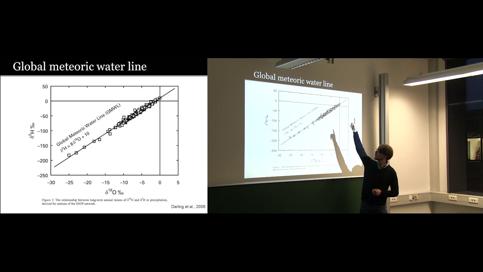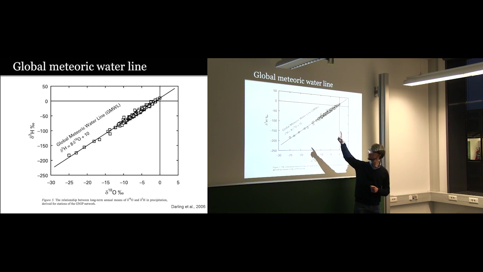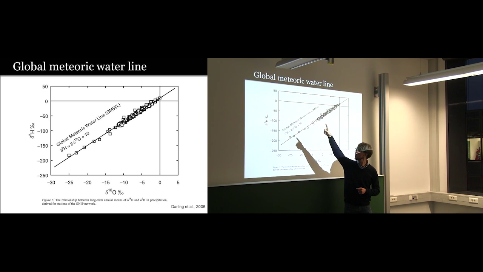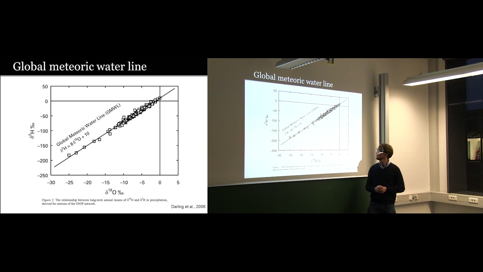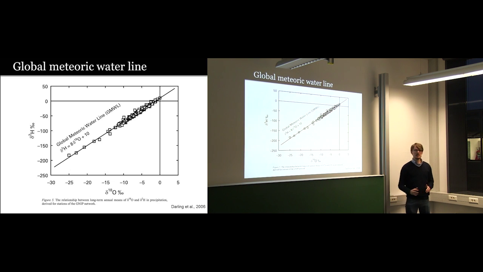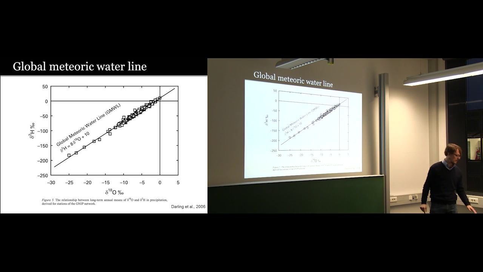This is the so-called global meteoric water line, and here you can see the deuterium has a slope defined as delta D equals 8 times delta 18O plus 10. However, this is the ideal case, meaning an air mass that doesn't recycle, it continuously moves and rains out, and follows this line.